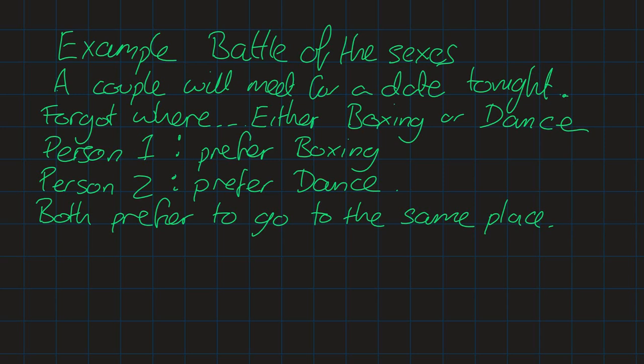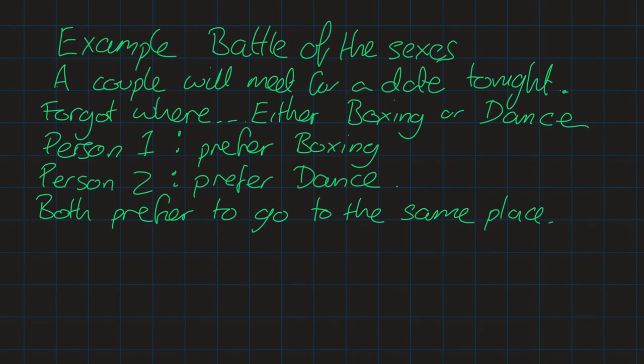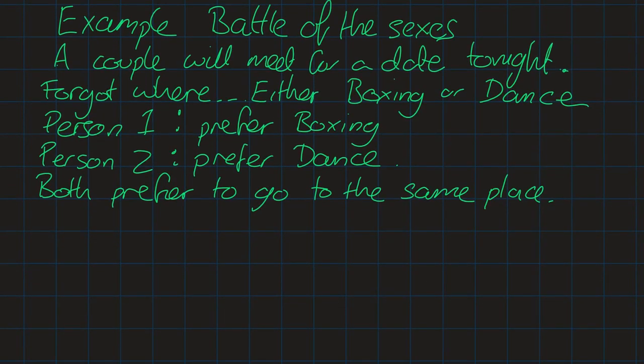Okay, so this is the story, and the way we turn this into a payoff matrix is as follows. Person 2, person 1. B stands for boxing, D is for dance. Person 1 would like to go boxing, and person 2 would prefer to go to the dance, but in absence of that, they want to be with their partner.